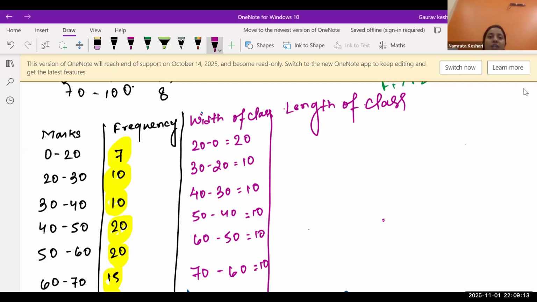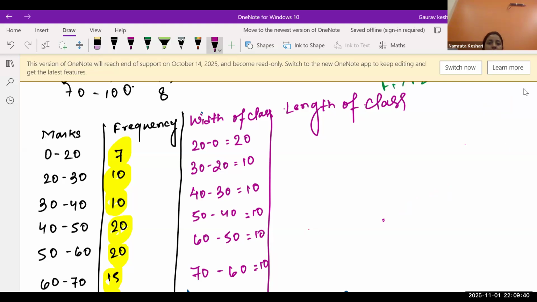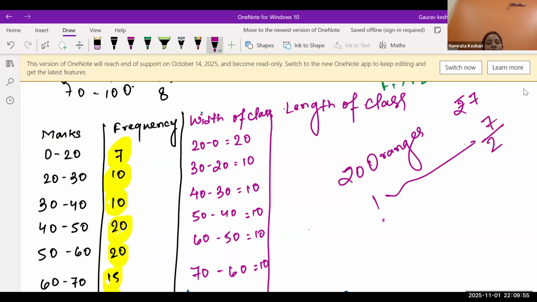One day I was explaining the unitary method, and I was telling you that if the price of 7 oranges is given as rupees 20, and you have to find the cost of 1 orange, you will do basic division, right? Yes, ma'am. Okay, let me take it the reverse way, because I want to change the length. Suppose the price of 20 oranges is rupees 7, then the price of 1 orange will be 7 by 20, right?